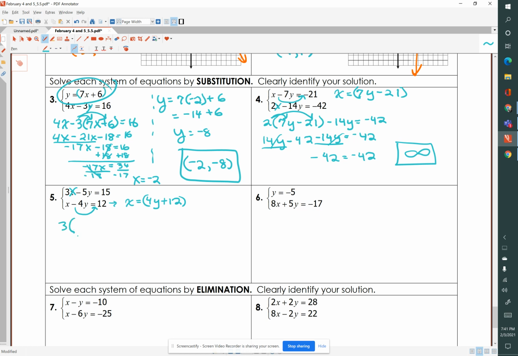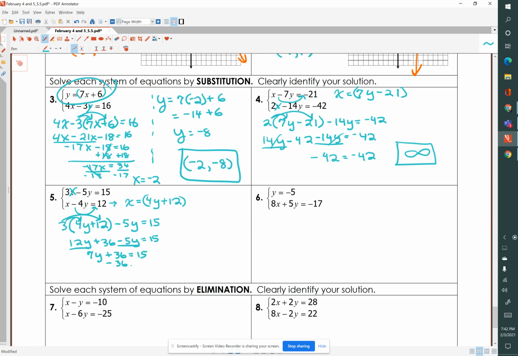So 3, and instead of x, I've got my 4y plus 12 minus 5y equals 15. And I distribute. 3 times 4 is 12, so 12y plus 3 times 12, 36, minus 5y equals 15. 12y minus 5y, combining like terms, is 7y plus 36 equals 15.